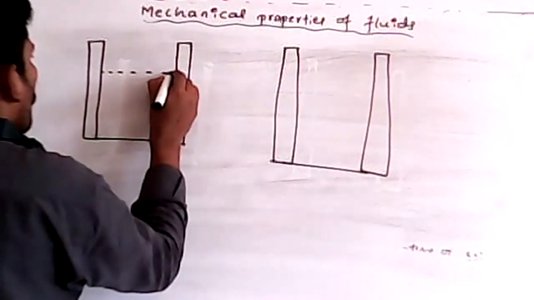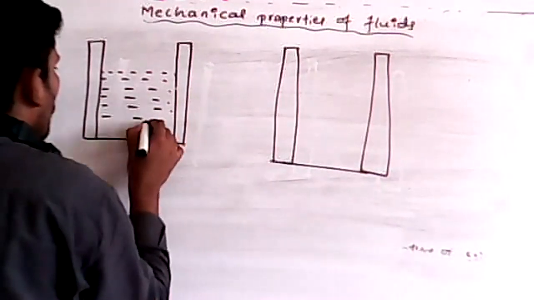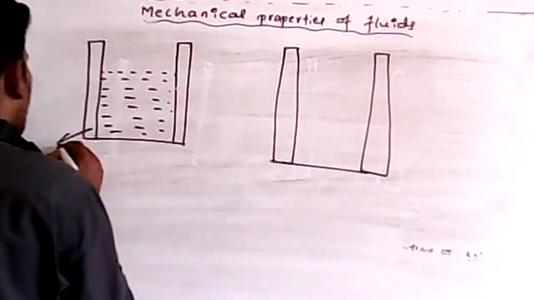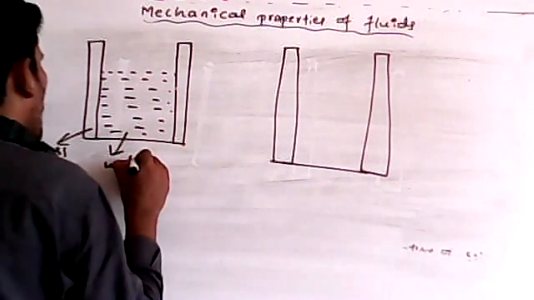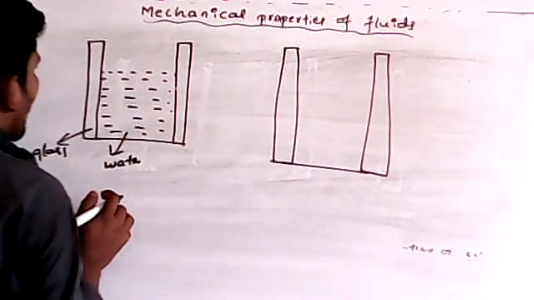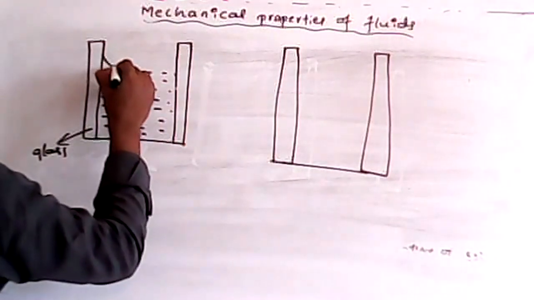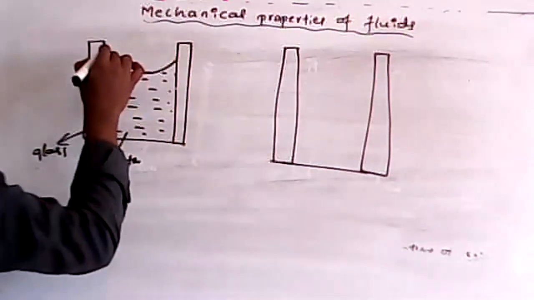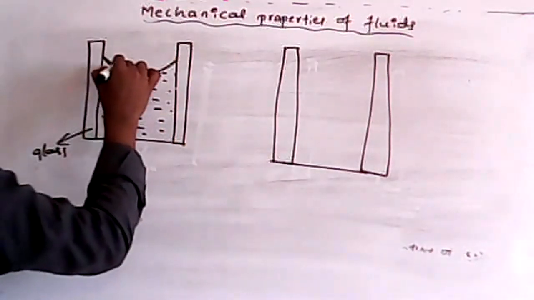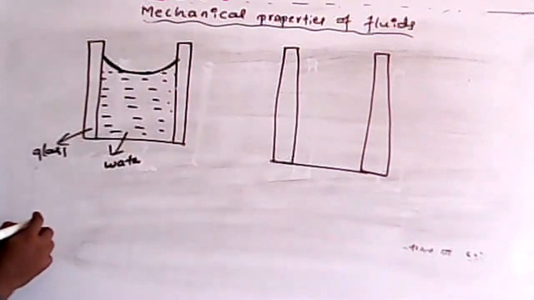For example, water is filled in a glass. Here the solid surface is glass and this is water. Two different materials are there, glass and water. The upper surface you can always see is concave.